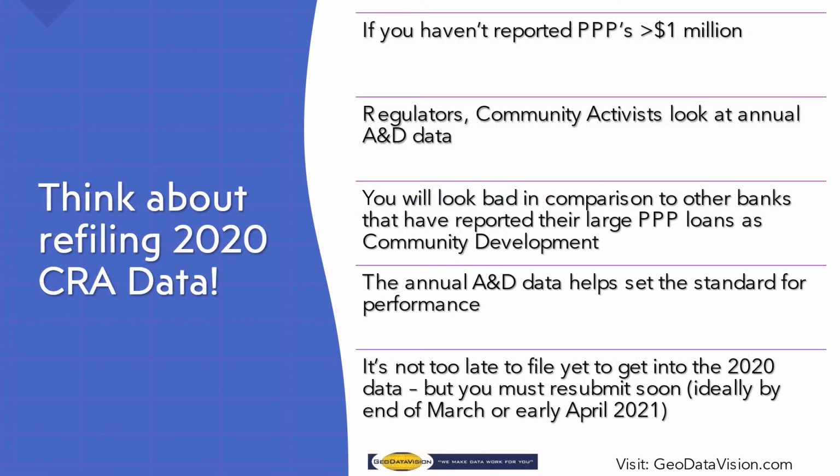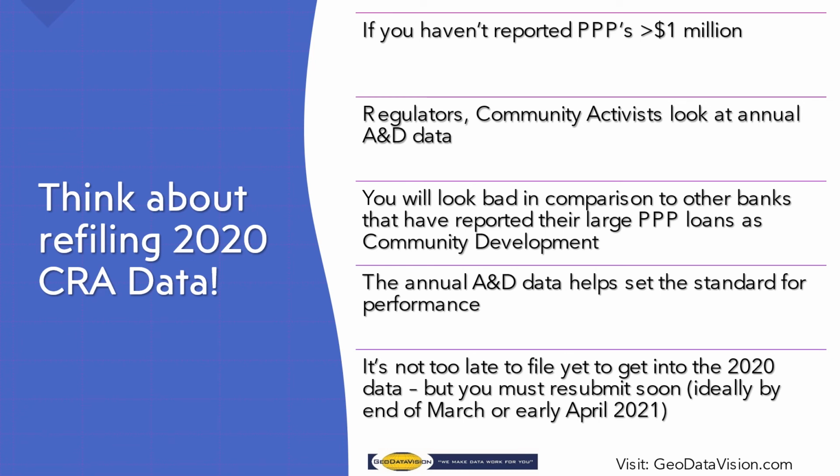So think about refiling your 2020 CRA data if you did not report your large PPP loans that were over $1 million. By failing to do so, your performance will be understated and put you at a big disadvantage in the eyes of the regulators and in the eyes of community activists who look at the annual aggregate and disclosure data when it's released by the FFIEC, which will be later this year.